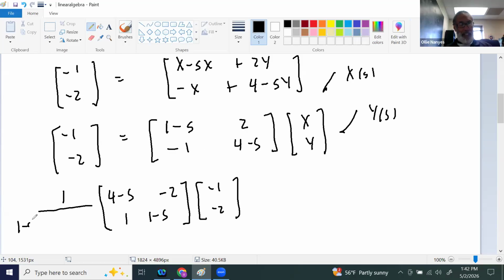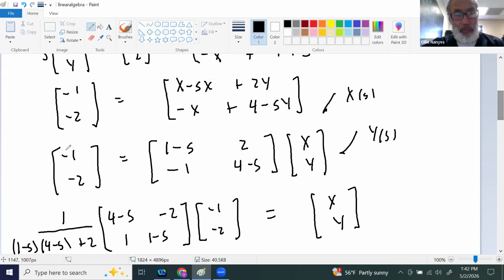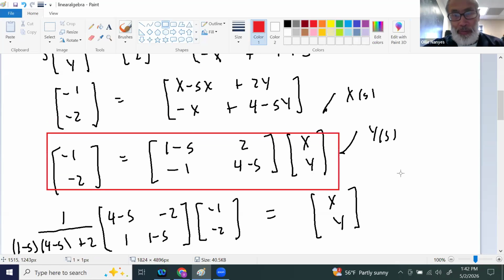So it's 1 minus s, 4 minus s, minus minus 2. And that is going to be the Laplace transform of your solution. What I really want to do is focus on this right here. It's going to be important, this thing. We'll see this again.